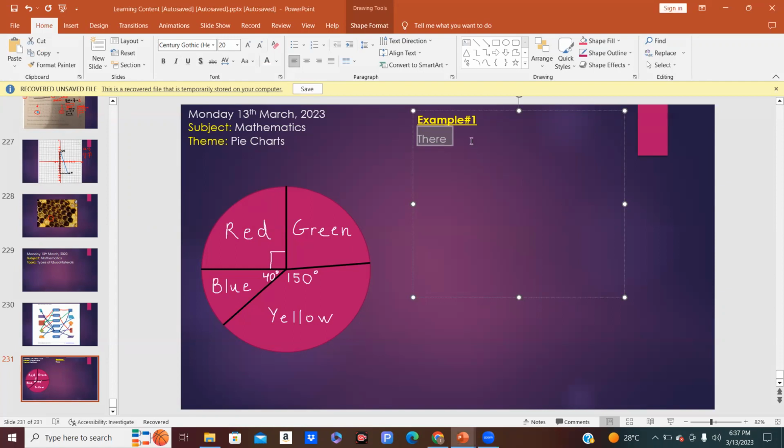So it says there are only red, green, yellow, and blue crayons in a box.